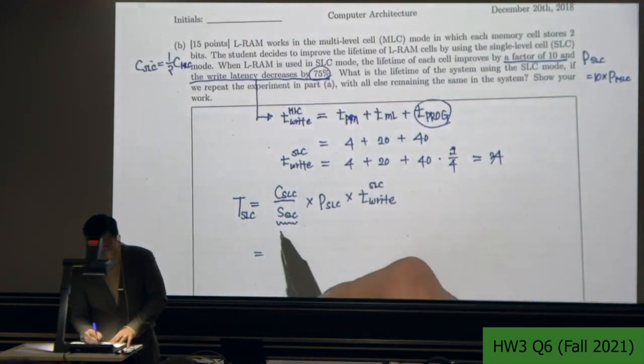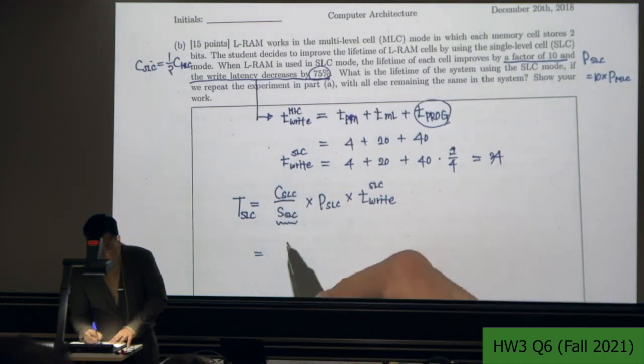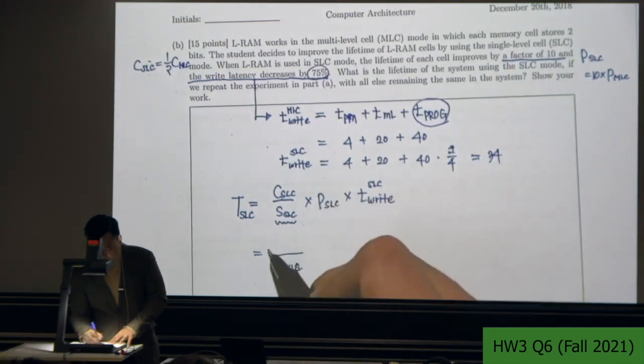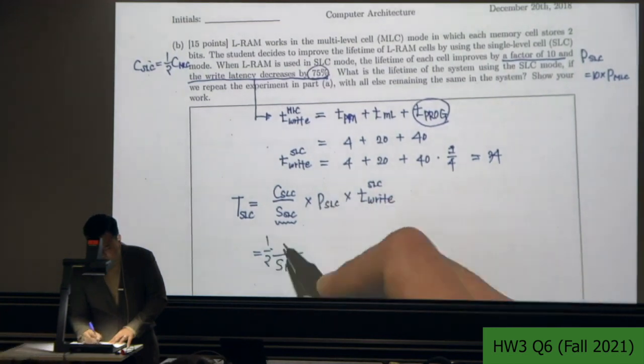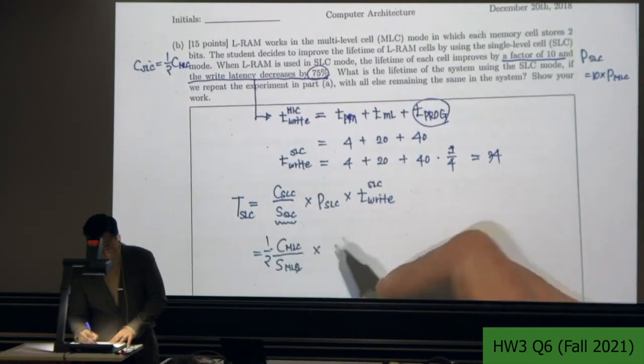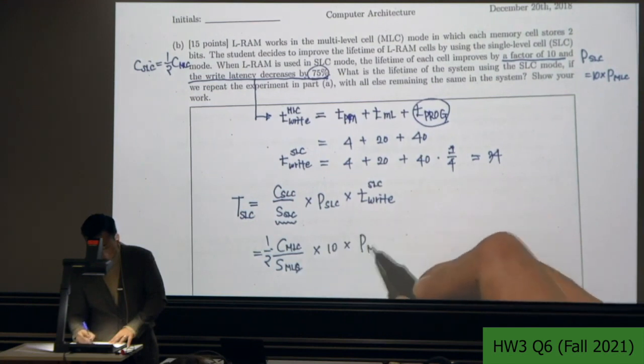So this should be the same as MLC, and the capacity is reduced by half, and the program cycle is increased 10 times.